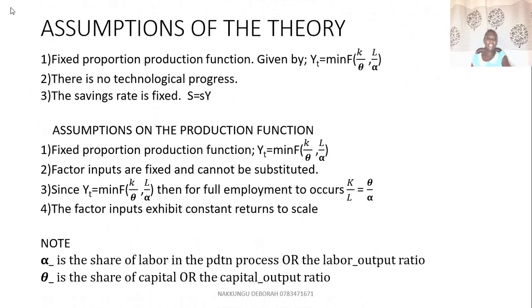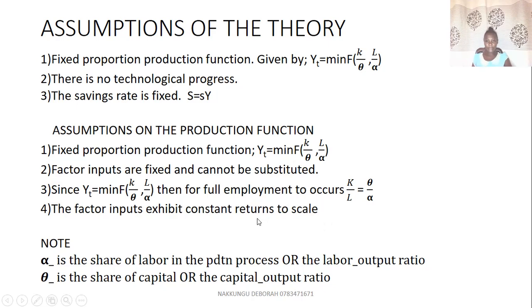So from the fact that these shares of capital and labor, the theta is the share of capital in the production process, and alpha is the share of labor in the production function. The fact that these shares are fixed only tells us that these factor inputs, capital and labor, exhibit constant returns to scale.